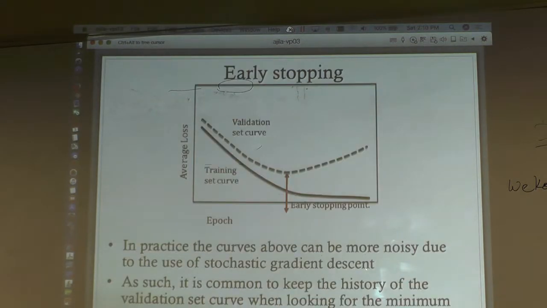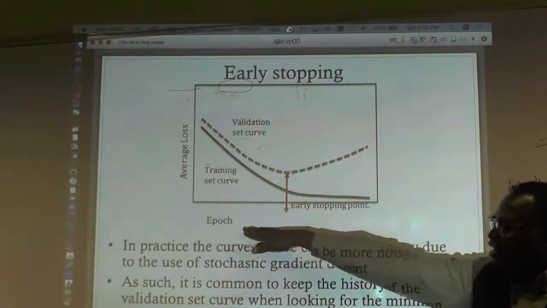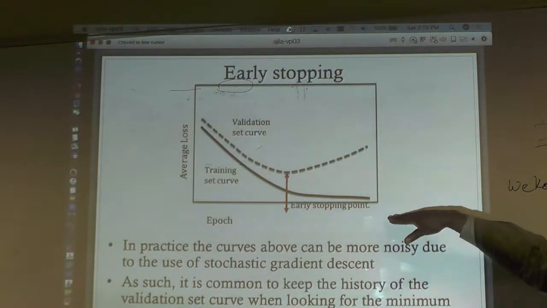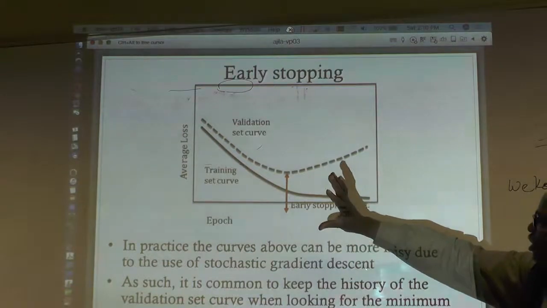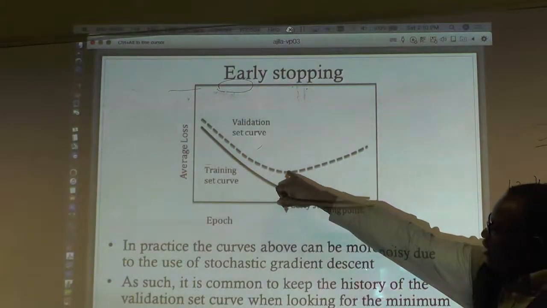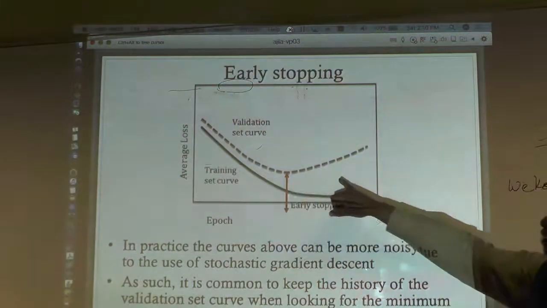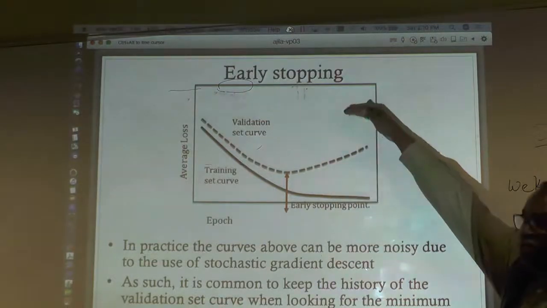And how is this done? When you are doing training over time, the study is such that there will be a point here in the graph that is the minimum in terms of average loss compared to the rest.